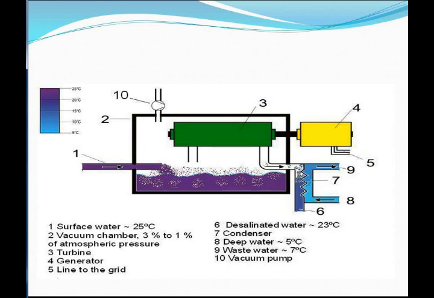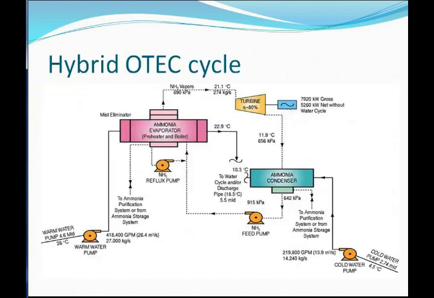This condensation process has two methods. Either it sprays cold seawater over the steam, or it uses a surface condenser, in which the steam and the cold water do not come in contact with each other, producing desalinated water. If the condensation is done using the spray method, the mixture of the steam and the cold water will be discharged back into the ocean.